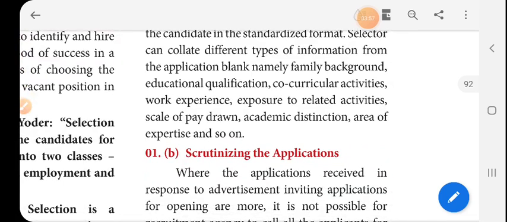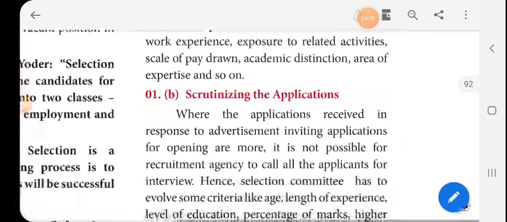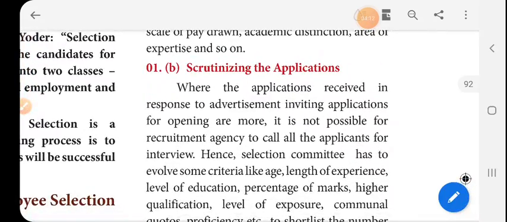Then, scrutinizing the applications. The second one is scrutinizing the application. The applications are received in response to an advertisement inviting applicants for openings. It is not possible for the recruitment agency to call all the applicants for interview.